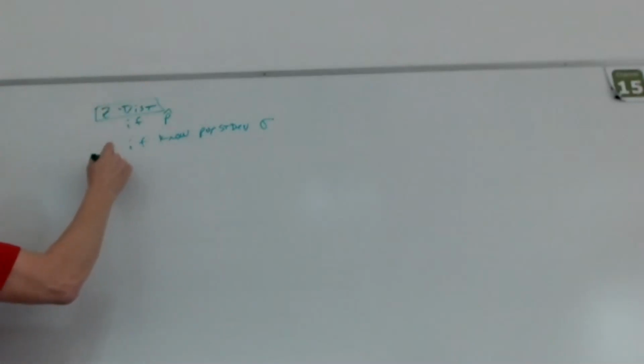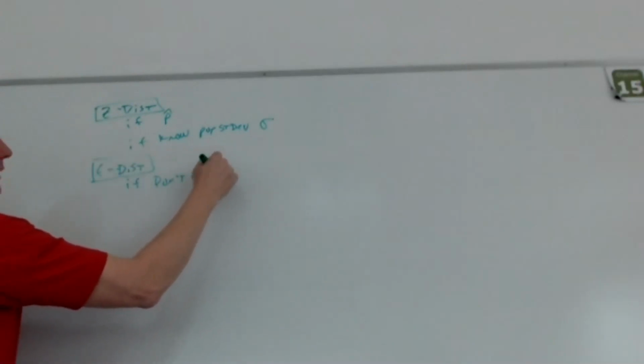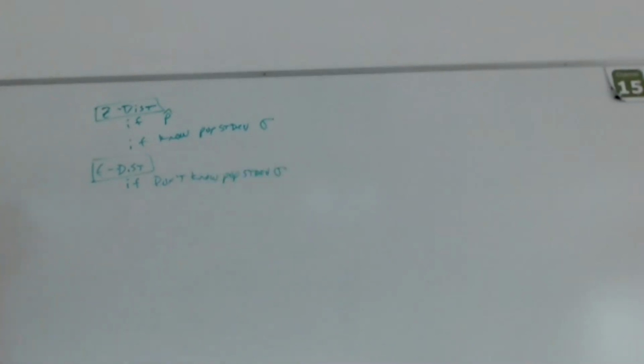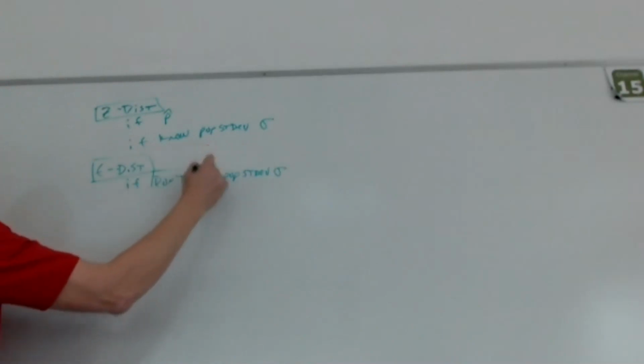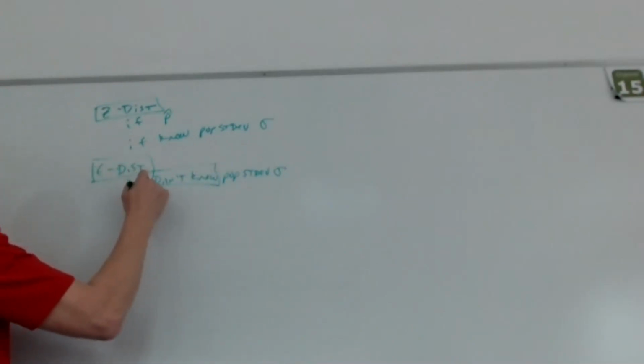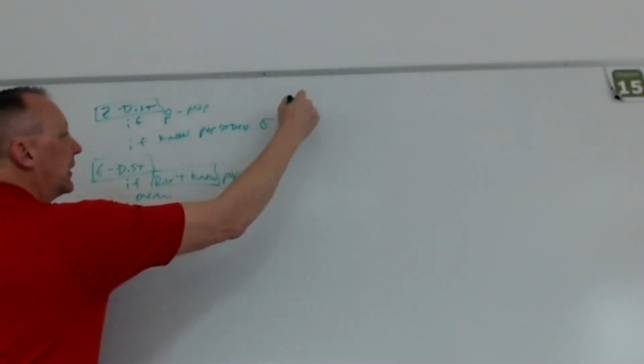You're going to use the T distribution if you don't know population standard deviation sigma. Okay, so I'll emphasize the don't know. And it's also for a mean. This one can be for a proportion, or it can be for a mean.